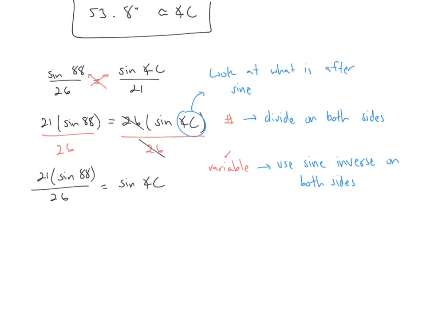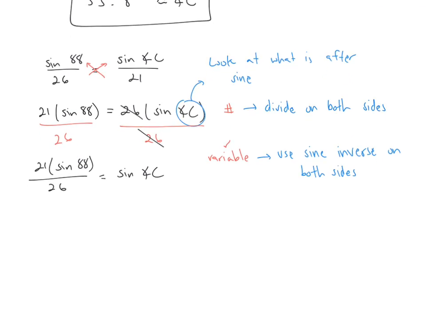Finishing this up, in order to finish solving, we need to take the sine inverse of both sides of the equation. And so we're taking sine inverse of 21 times sine of 88, all divided by 26.